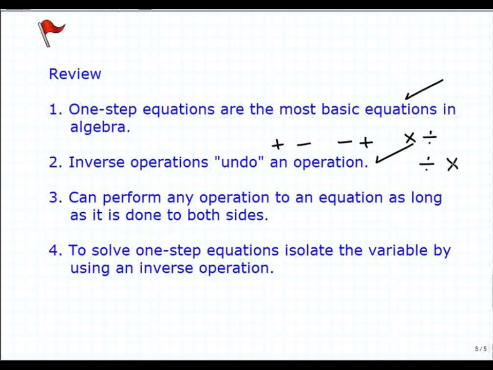Now, another thing that I want to stress here is that you can perform any operation to an equation, as long as you do it to both sides of the equation. This is a real key principle in algebra. If I have x equals 1, and I decide I want to multiply both sides of the equation by 5, you can do that as long as it's both sides. So here I would end up with 5x equals 5.